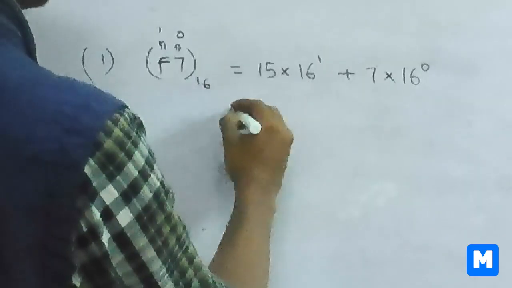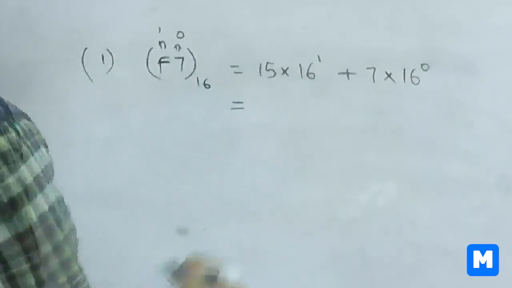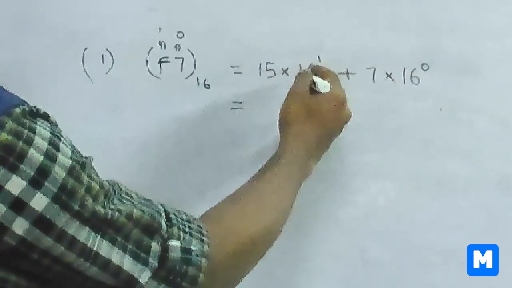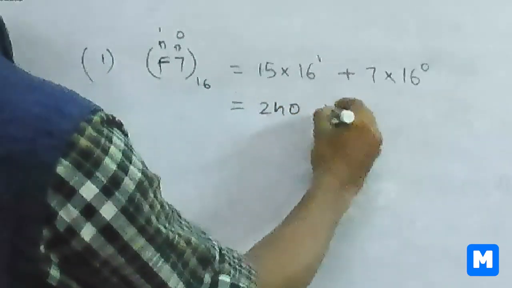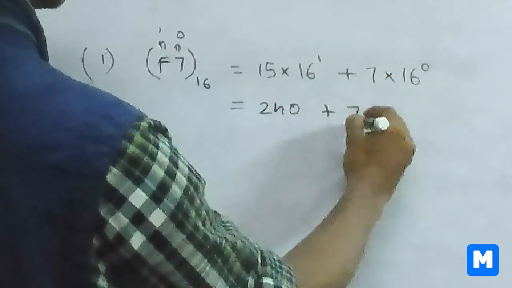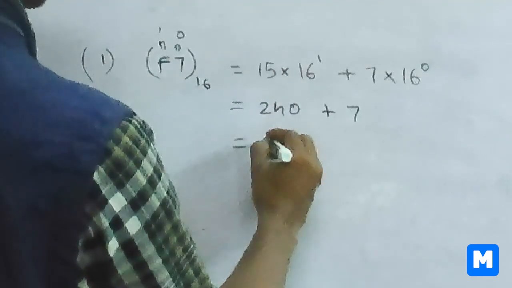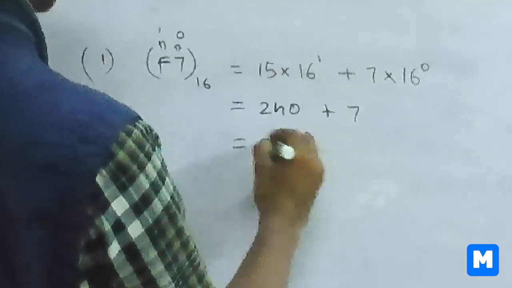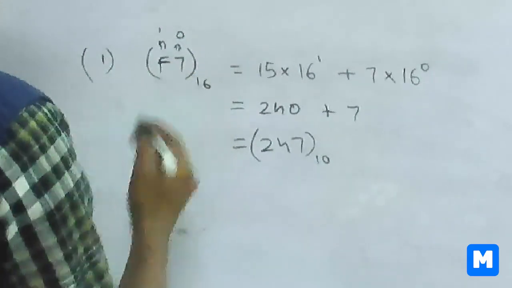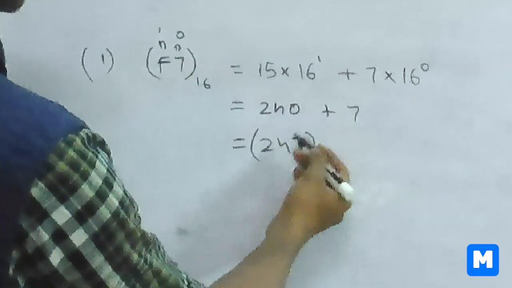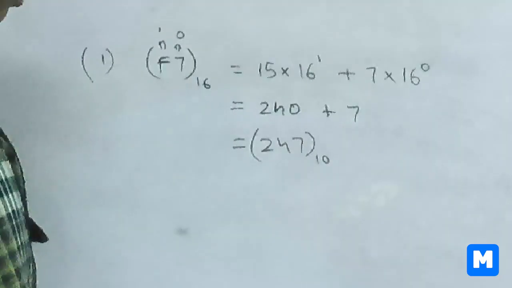Calculating this, 15 into 16 is 240 plus your 7 into 1 is 7. So this is 247 in your decimal system. So F7 in the hexadecimal system is 247 in your decimal system.